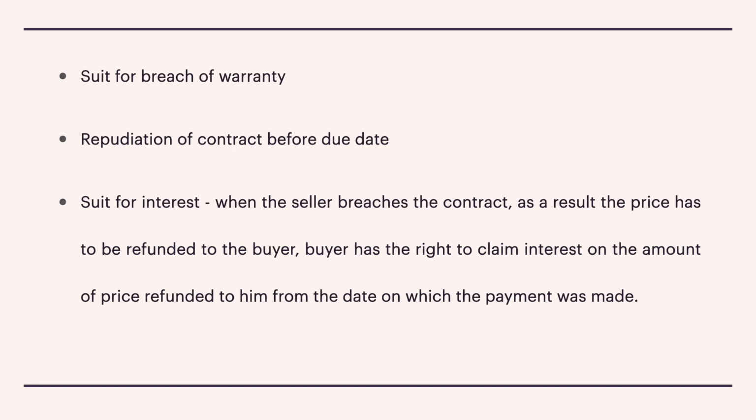Therefore, the Sale of Goods Act says the buyer has the right to claim interest. From which date? From the date on which the payment was made. So, from 1st to 10th, for 10 days he may charge an interest and then take the remaining principal amount back to him. Is that clear?